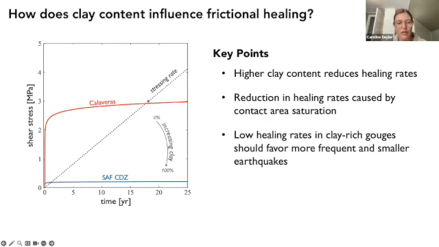With this change of healing rate with increasing clay content, going from high healing to low healing, you can already see how this might be affecting the earthquake cycle.